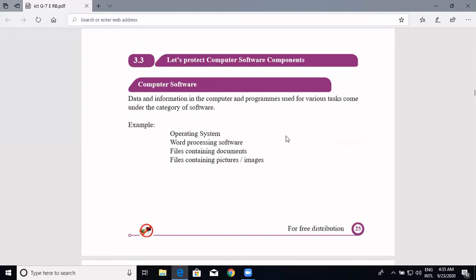We learned in the second chapter of grade 7 also about operating system. And then we have application software like web browsers, word processing software, presentation software, spreadsheets, and especially video editing, audio editing software, games and all coming under application software.